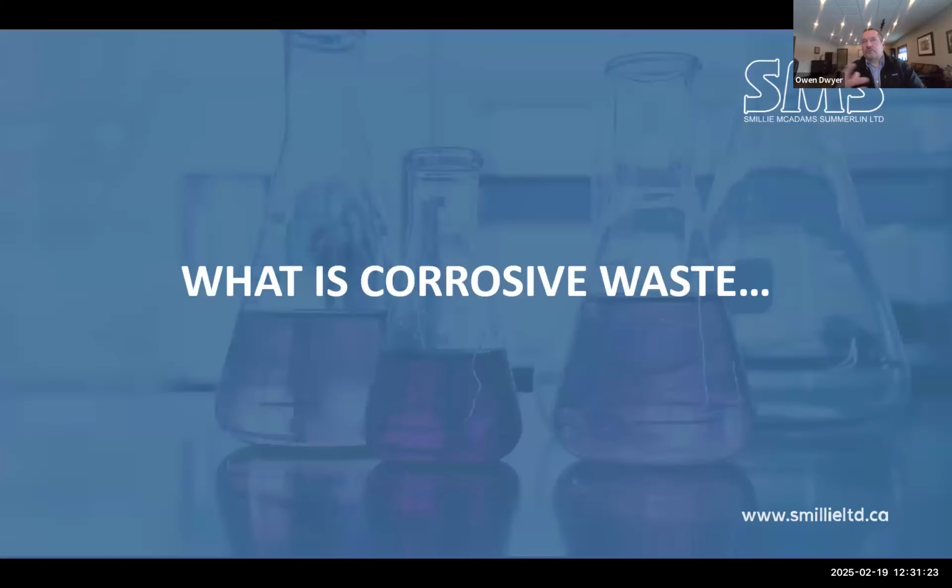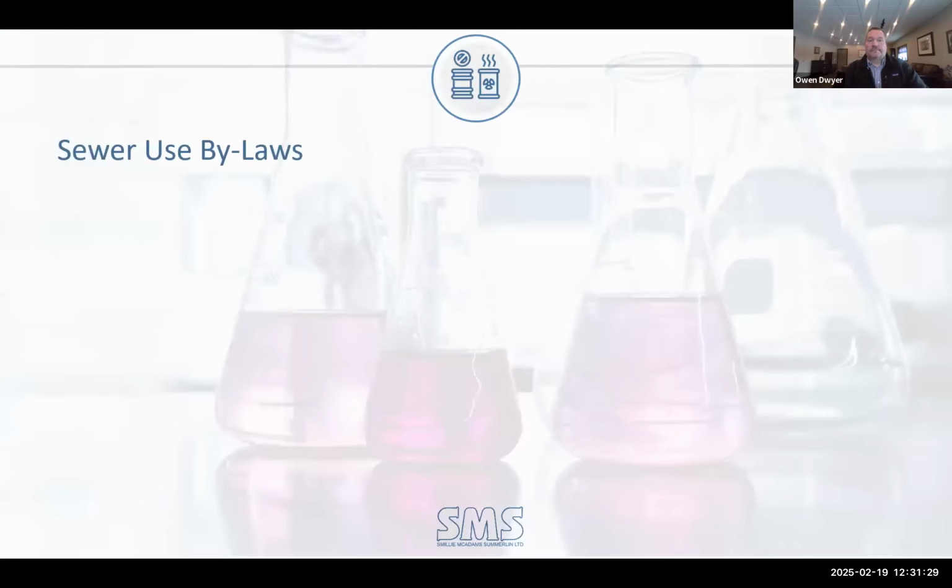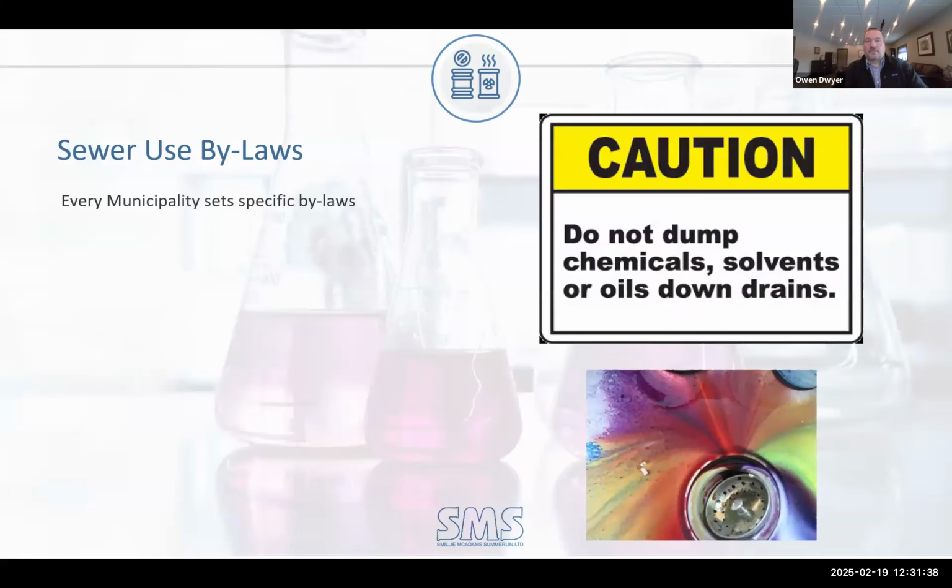So the term corrosive waste is used and has been used through this whole presentation. It's used in our code. What is it? Your sewer use bylaw, or the jurisdiction in which this building is being built or exists, is very specific. Every municipality has a set limit or parameter for pH discharge.